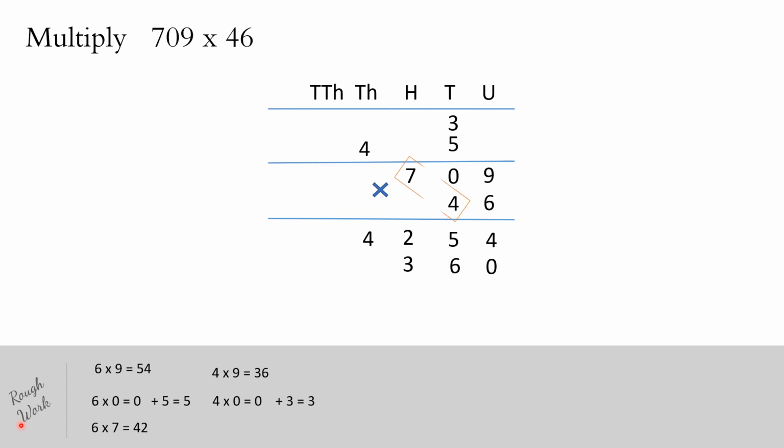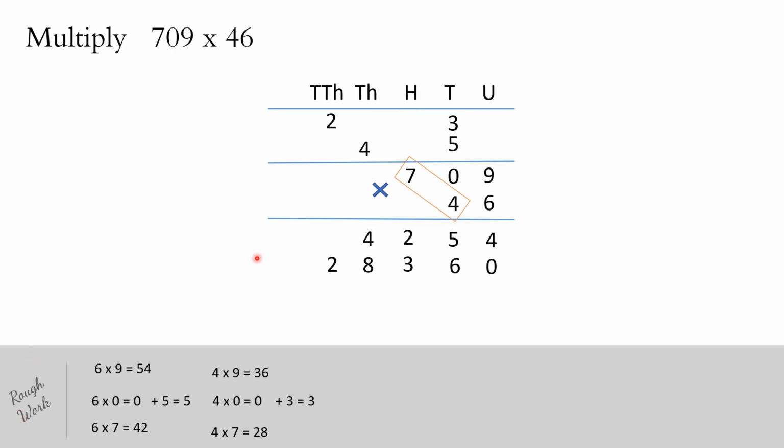Now we will multiply 4 by 7. So 4 7s are 28. So we will write 8 at 1000 place and carry 2 at 10,000 place. Now as there is no other digit to multiply, we will write this 2 down as it is.